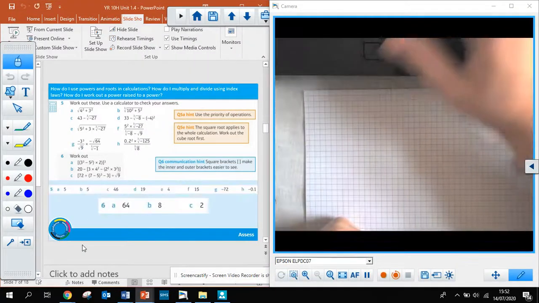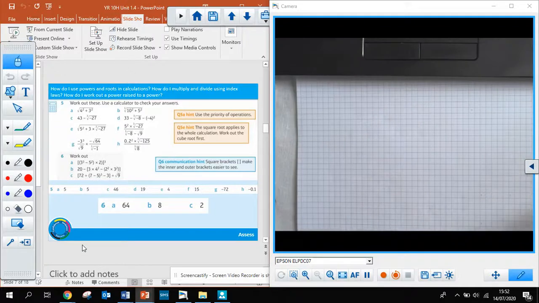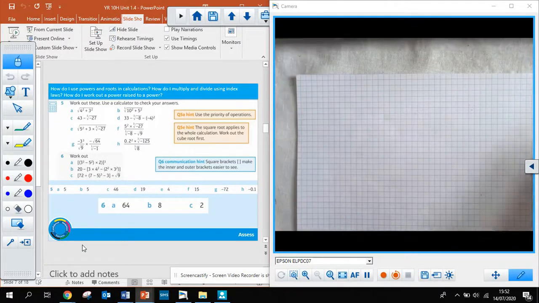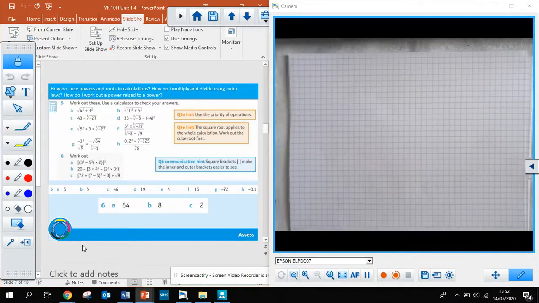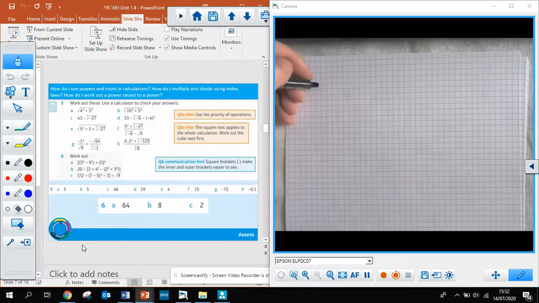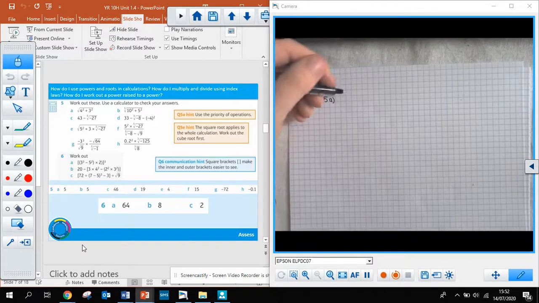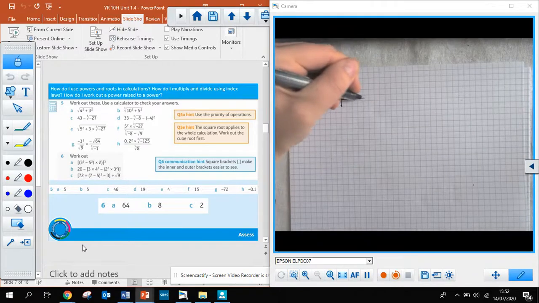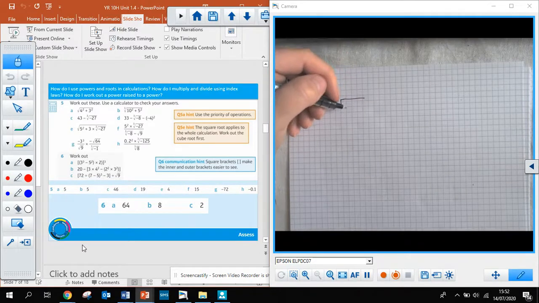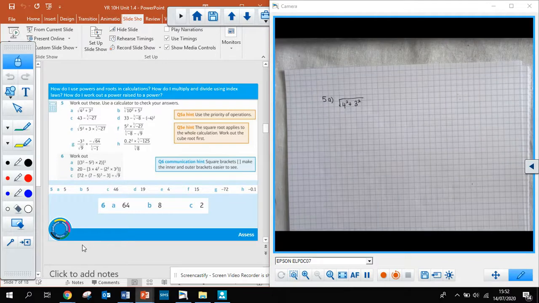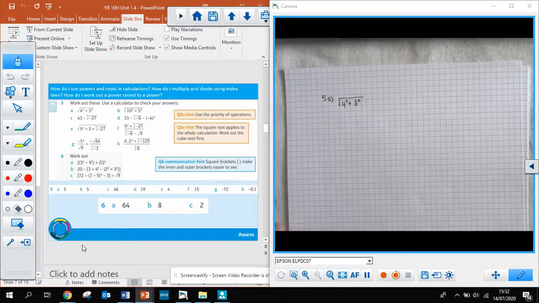Okay, so I'm going to put the solutions on the screen for you there, and then I'm going to talk you through how we got to each of those. So for question 5a, you have been asked to find the square root of 4 squared plus 3 squared. Your hint was use your priority of operations, so BIDMAS.